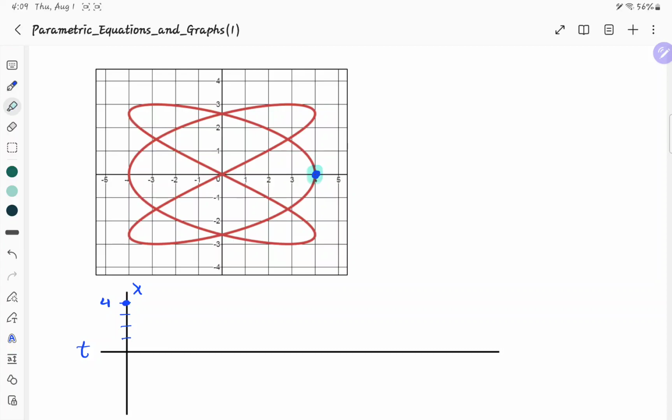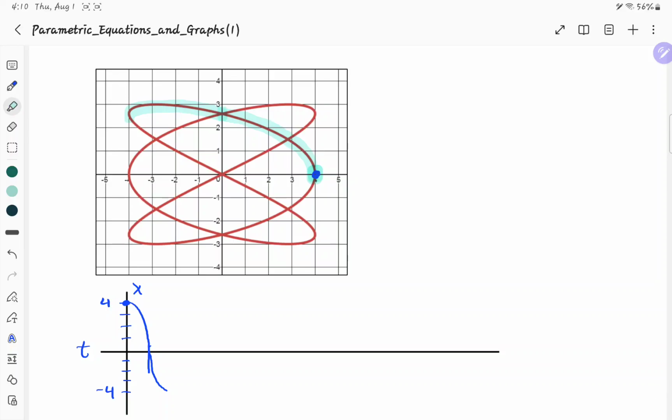As we move, our x is going to decrease until it gets to 0, and then it keeps decreasing until it gets over here to -4. So we go down to 0, down to -4 as we keep going, and 1, 2, 3, 4, that's -4 right there.